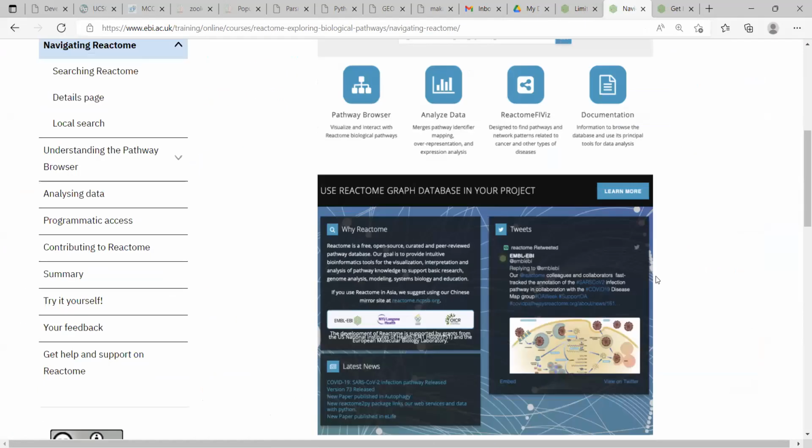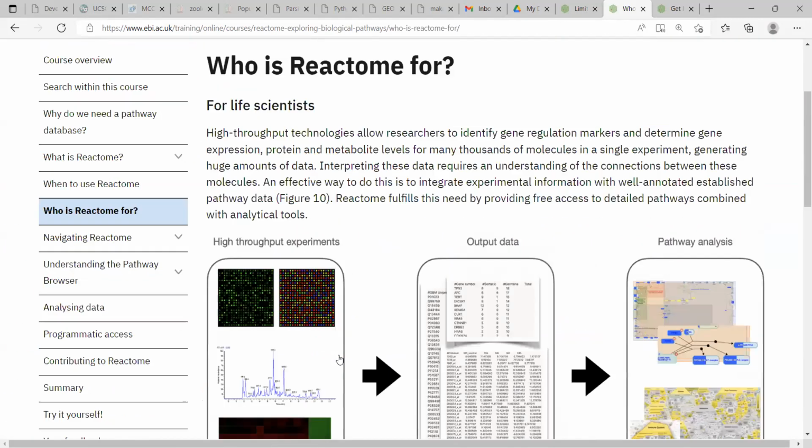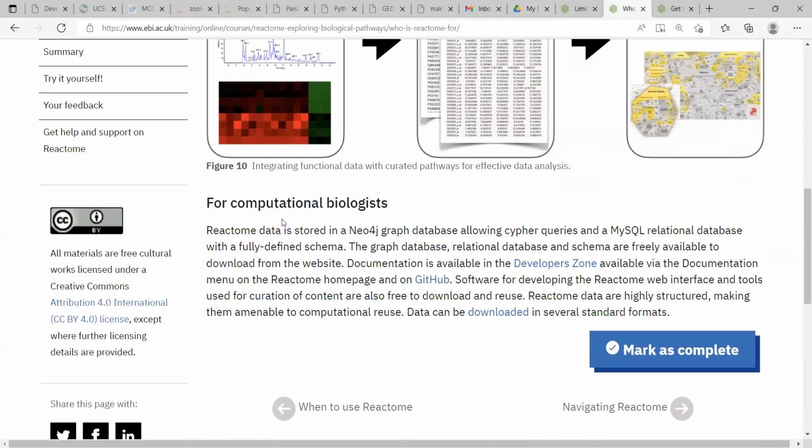Okay, one thing. As a bioinformatician, you should follow this, because of how this kind of database is stored. This Reactome data is stored in a Neo4j graph database, a type of database which uses the Neo4j graph tool.